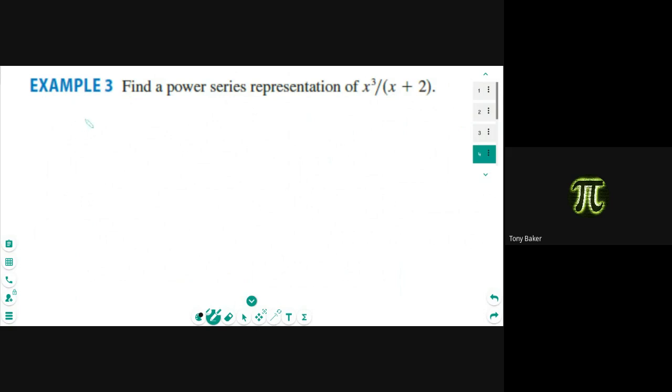All right, so this one we've got x to the third over x plus 2. And somehow I've got to get this to be looking like something like 1 over 1 minus u. So is that like base for everything? Yeah.